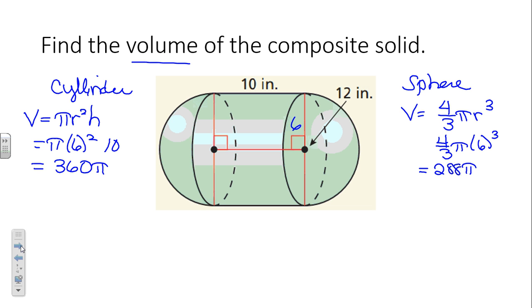So now we just need to add the two up. Because two hemispheres made a sphere, add the cylinder to it, and 360 pi plus 288 pi gets us 648 pi inches cubed.